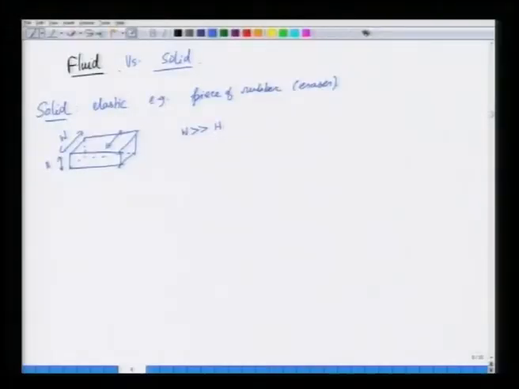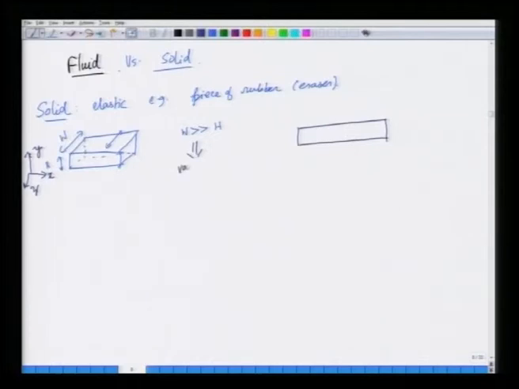So, we need not worry about variations in the third direction. So, let us just consider the solid to be in the plane. Okay. So, let us just consider the piece of solid like here, and of course, I am putting a coordinate system as usual. In order to analyze any problem, we have to first set up a coordinate system. Okay. So, this means the z is the coordinate that is coming out of the board.